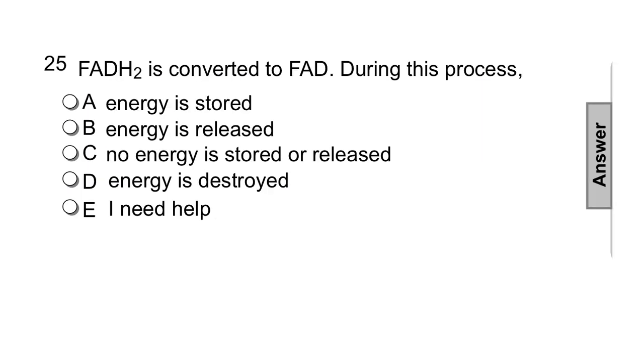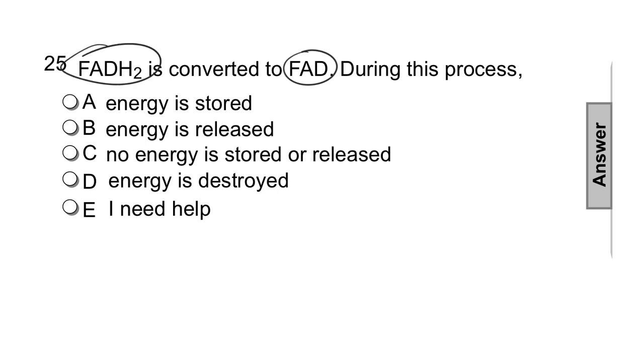So FAD is, again, one of those special ATP-like molecules that is only found in some of the steps of respiration. And which one is the energized battery or the charged up battery?